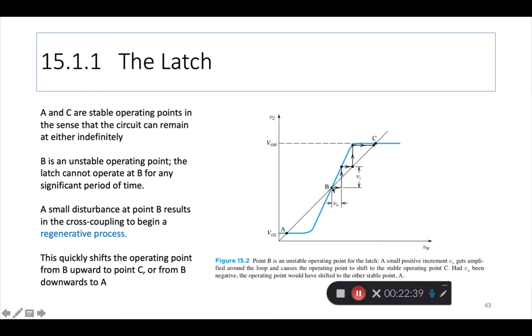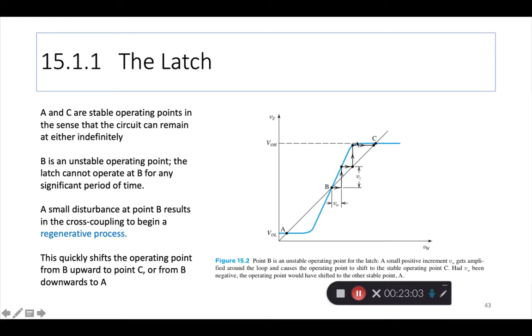But because of the cross-coupling property, the inverters, the latch slowly moves in one direction or the other, and it keeps moving, but it stops when it arrives at point C. So even though a small voltage at the input caused the circuit to start becoming an amplifier and keep amplifying, it won't happen indefinitely.